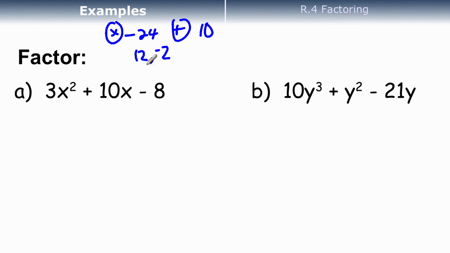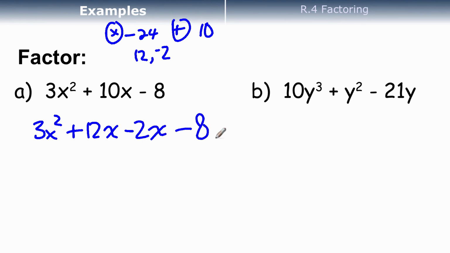So now I can't just throw those in brackets. What I do is I replace this 10x with this. So I rewrite it as 3x squared plus 12x minus 2x minus 8. Now group factor. So I look at this and I look at that.